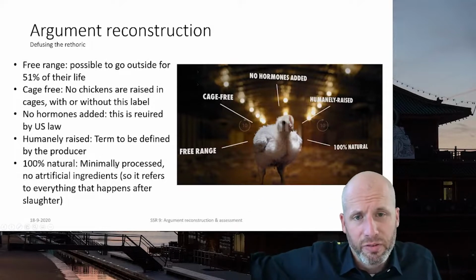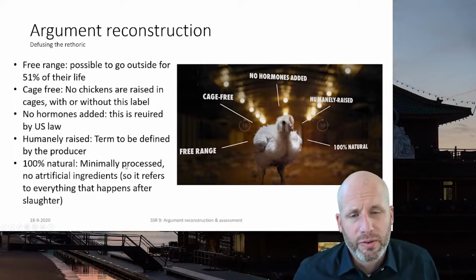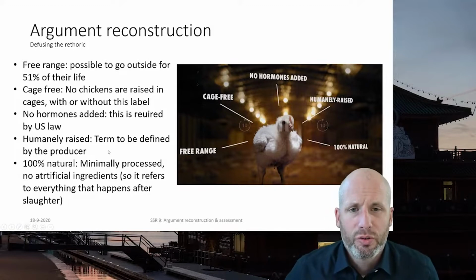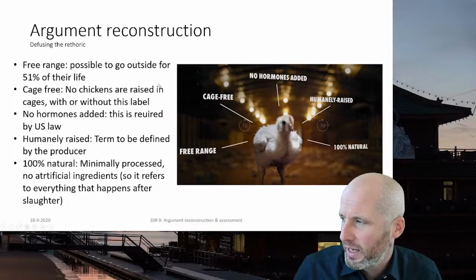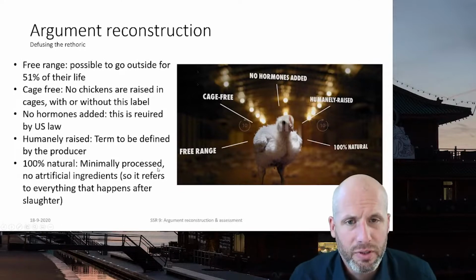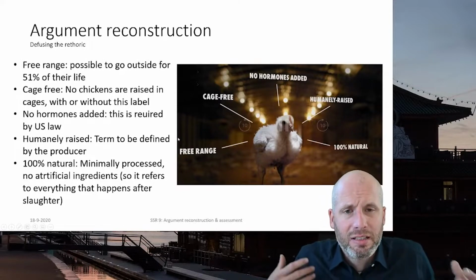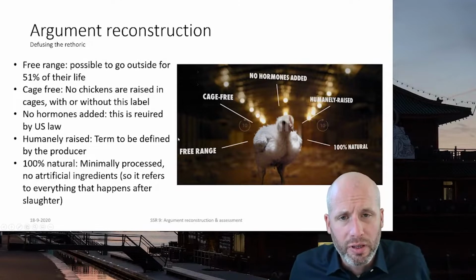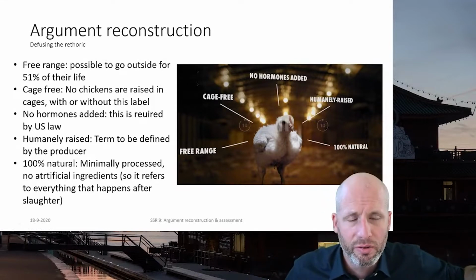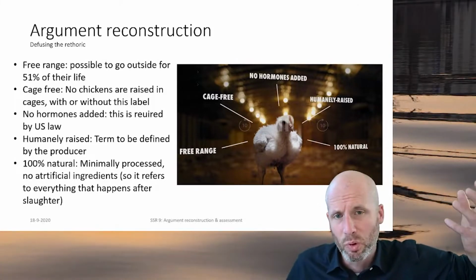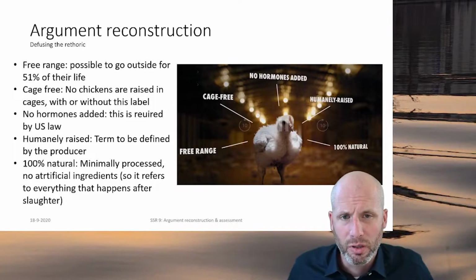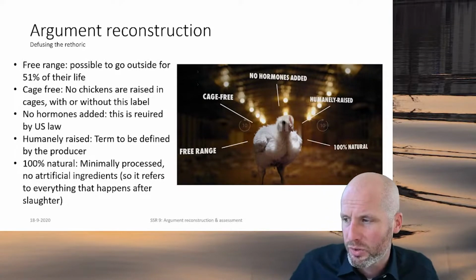So basically, if you see the actual meanings of the terms and you were to diffuse the rhetoric of the terms as used in the advertisement, you would get these types of interpretations. That's exactly what we mean with diffusing the rhetoric. We take out all the associative stuff, right? The health halos it generates. So the fact that if you read that something is 100% natural, you think it's more healthy, or it grew up in the wild, or whatever your associations were.